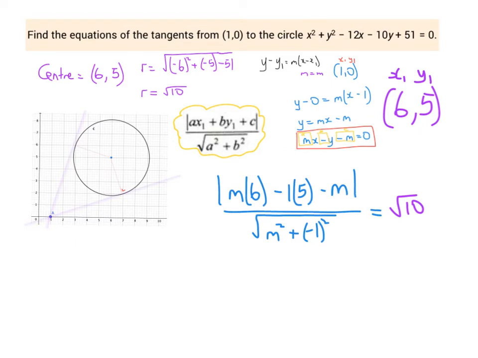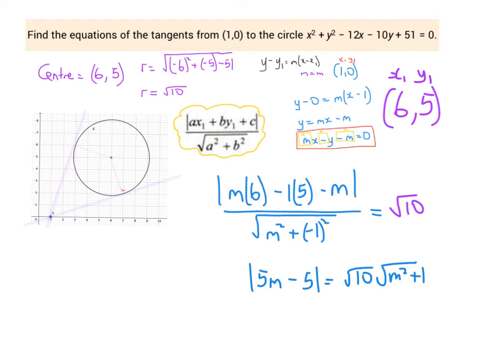Okay, and so tidying up then, that gives us 6m minus m, so 5m minus 5, the absolute value of that, over the square root of 10 times the square root of m squared plus 1.